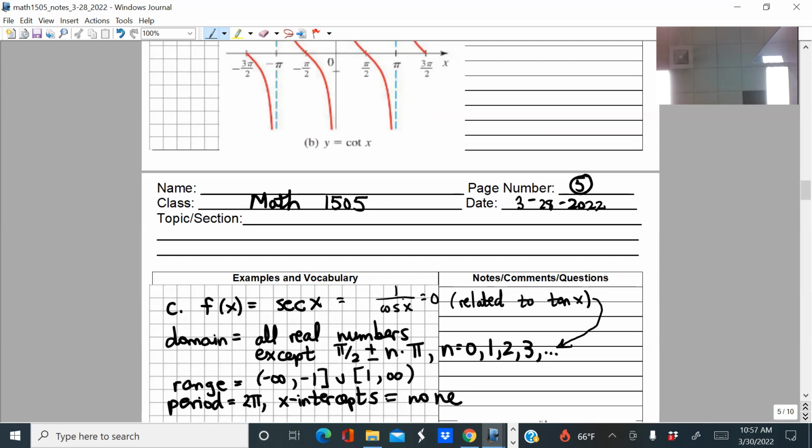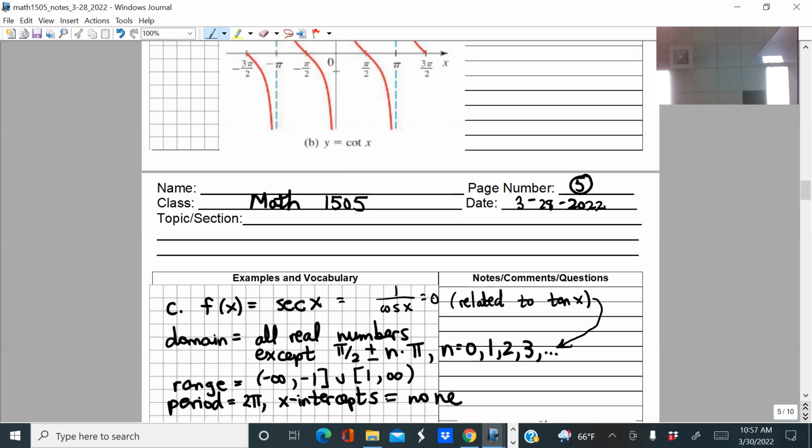No, the denominator is where it won't exist. The top has to be 0. For a fraction to be 0, the top has to be 0. But 1 is never equal to 0. So you don't have any x-intercepts.